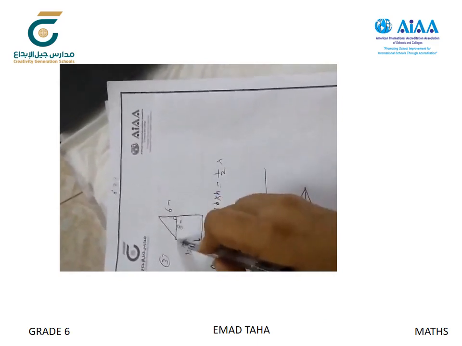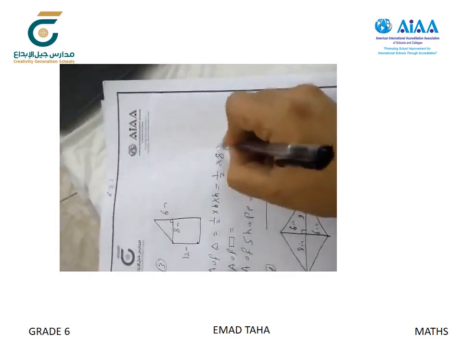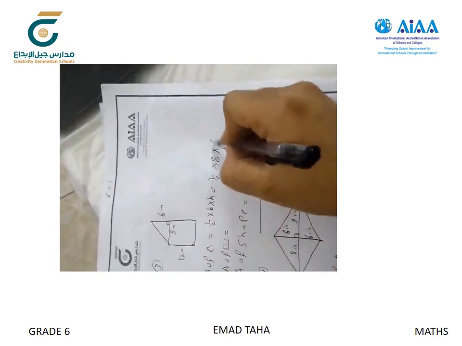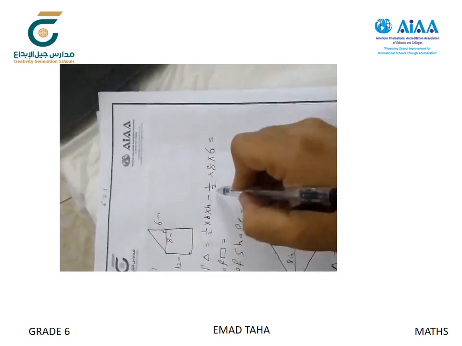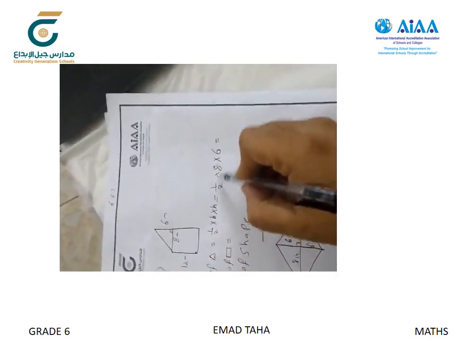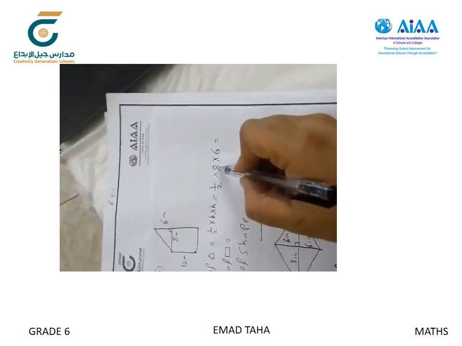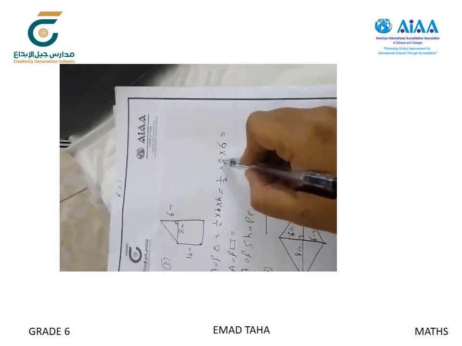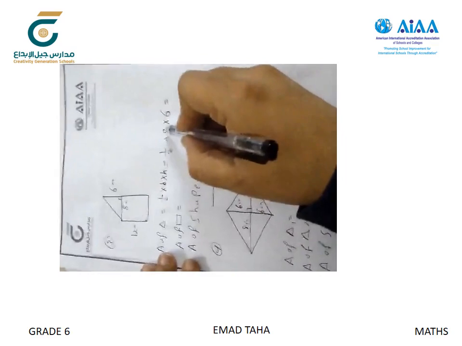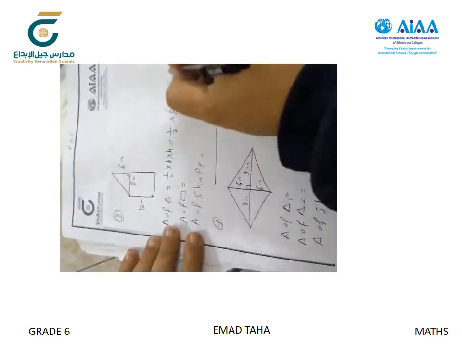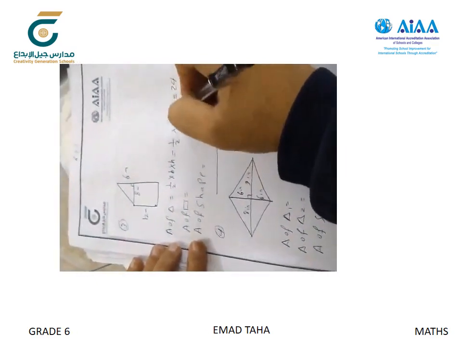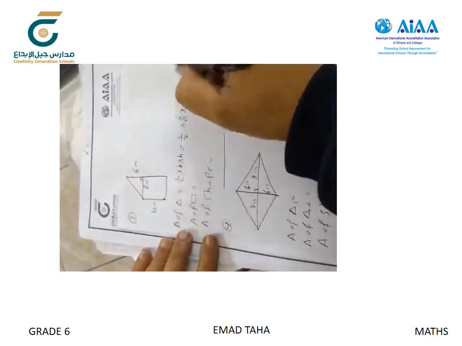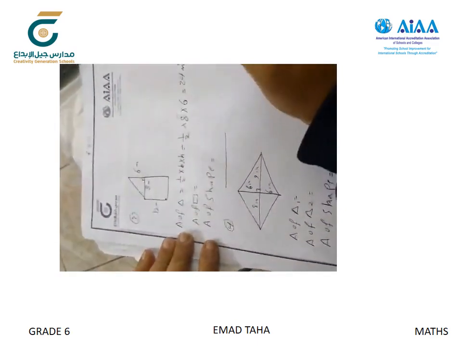The base equals 8, and the height equals 6. Now we multiply half by 8 by 6. Half of 8, when we divide 8 by 2, equals 4. Now we have 4 multiplied by 6 equals 24. Don't forget the unit. The unit here is meters, so it is meters squared.